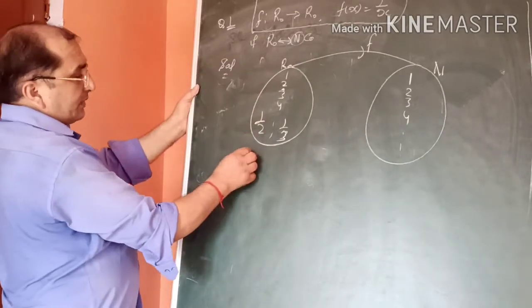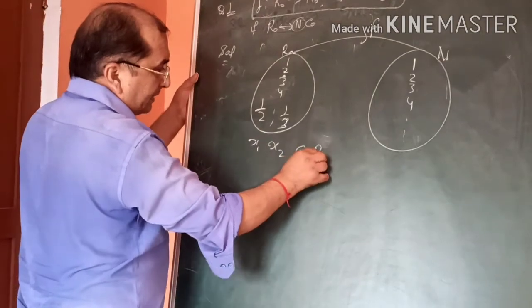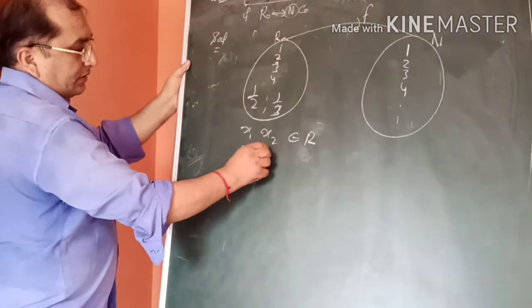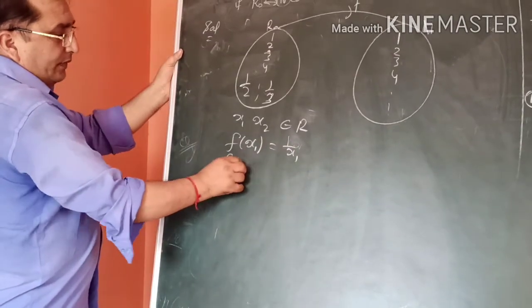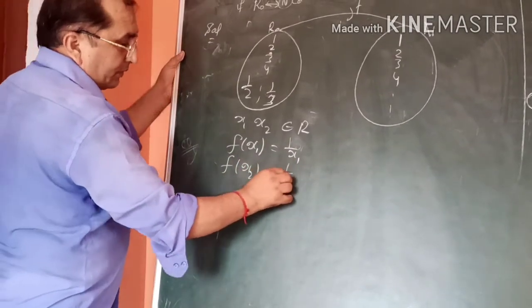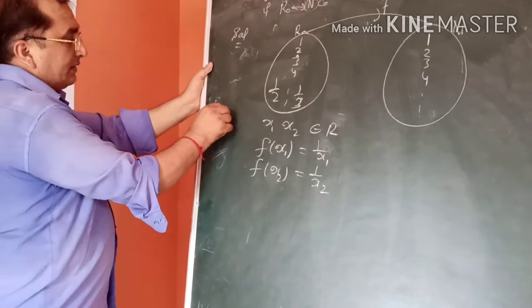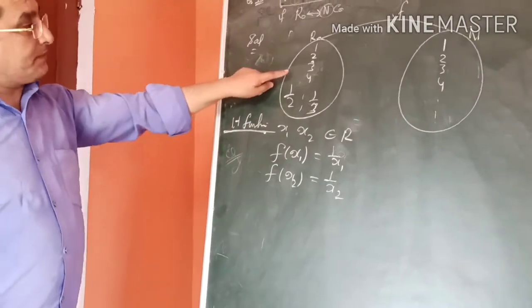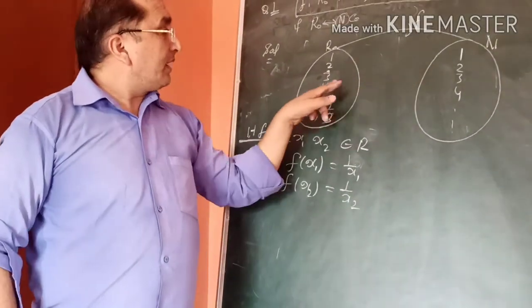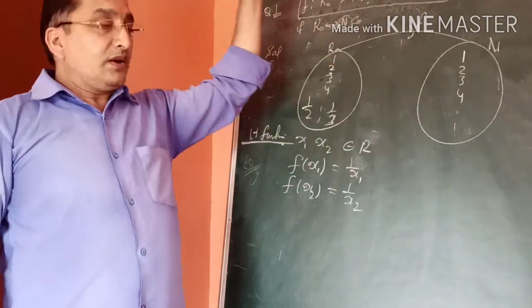Now see, suppose x1 and x2 belong to the real numbers, and the function is defined. f of x1 is 1 upon x1, f of x2 is 1 upon x2 for the real cases. And for one-one function, 1 having the image 1 upon 3 should be here, but we don't have any 1 upon 3 here.